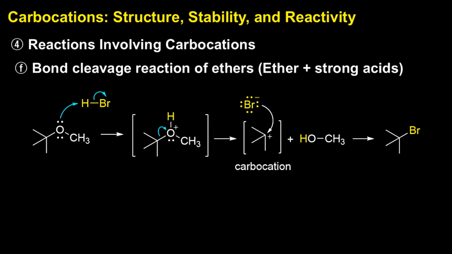This breaks the bond, usually giving you an alcohol and an alkyl halide, depending on the conditions. So even in ether cleavage, carbocation stability matters, especially under acidic conditions. At the end of the day, understanding carbocations is key to predicting reaction mechanisms and designing better organic transformations.